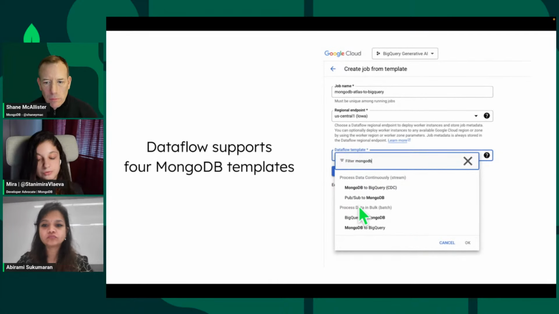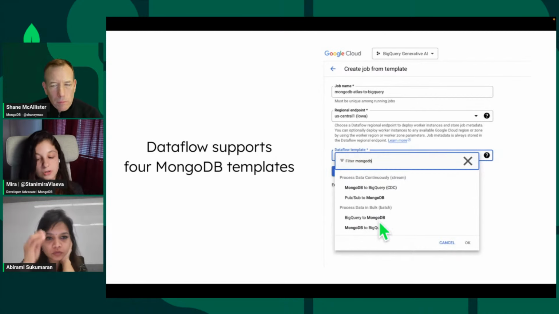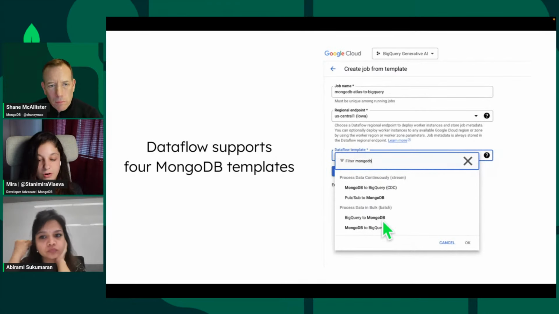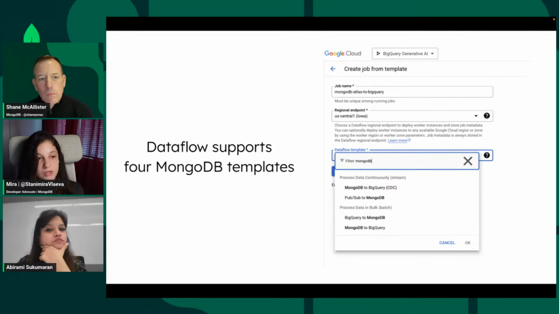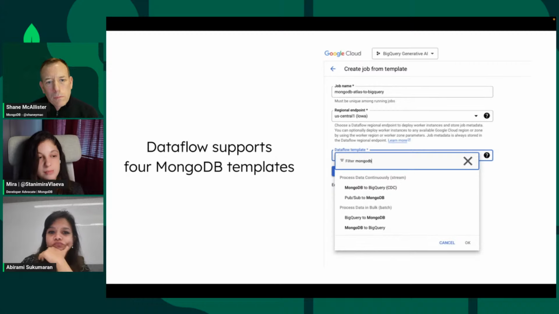We can move data from MongoDB to BigQuery in batches, from BigQuery to MongoDB again in batches, or we can also have a CDC stream that subscribes to a MongoDB change stream, which is tracking changes in your database collection.